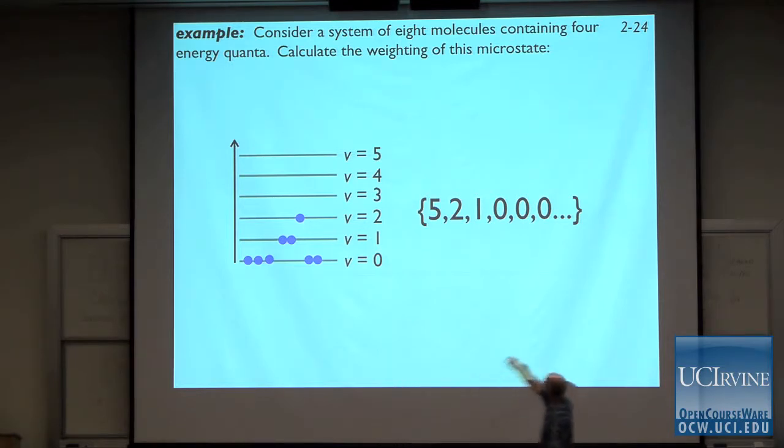All right, so there's 8 molecules there. 4 energy quanta, really? 1, 2, 3, 4, and these are all zeros. All right, what's the shorthand notation for that configuration? Well, there's 5 guys that have 0, 2 guys that have 1, 1 guy that has 3, and all the rest of these are going to be zeros.